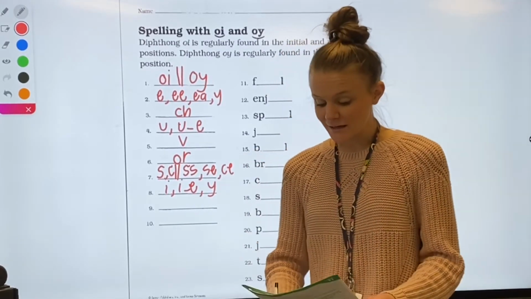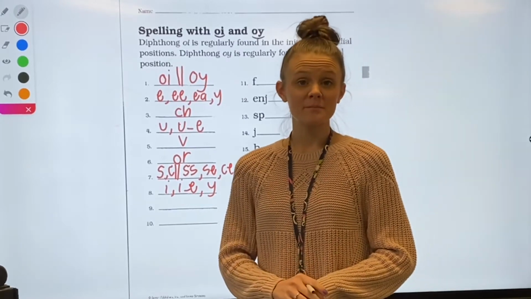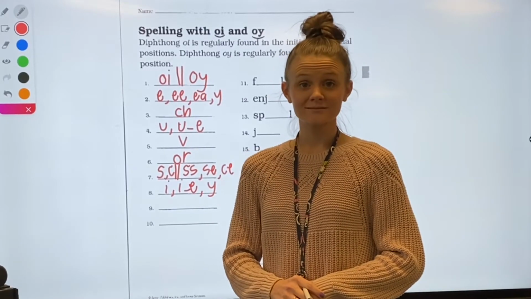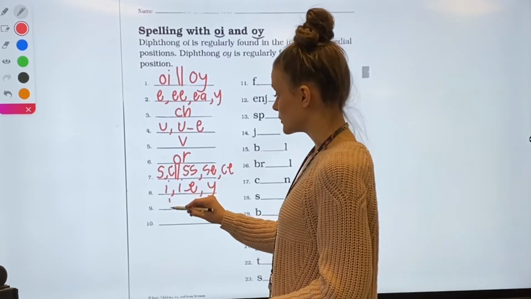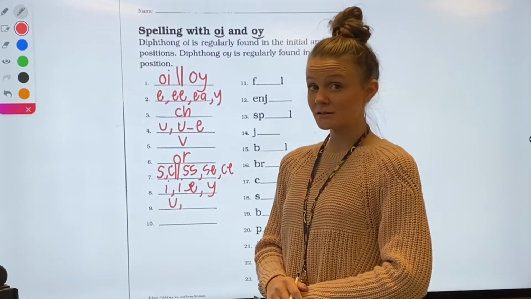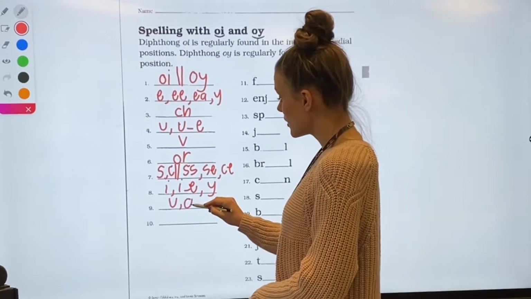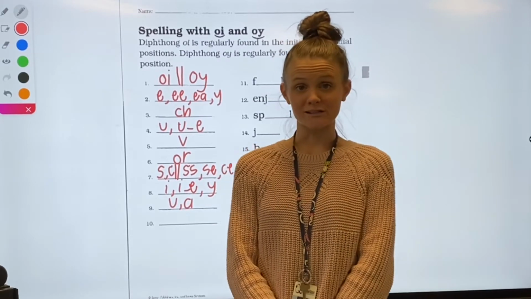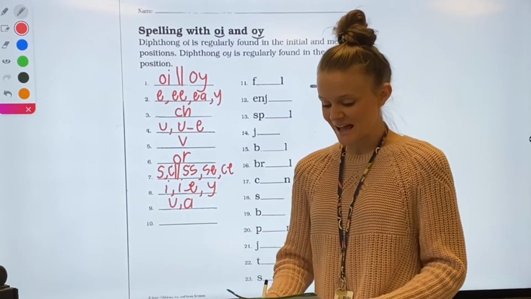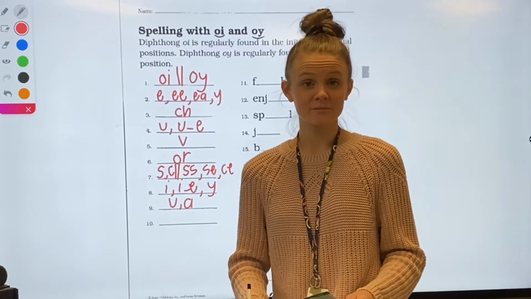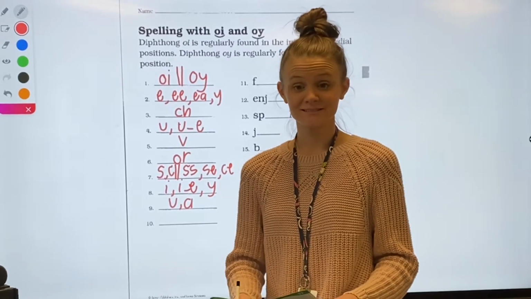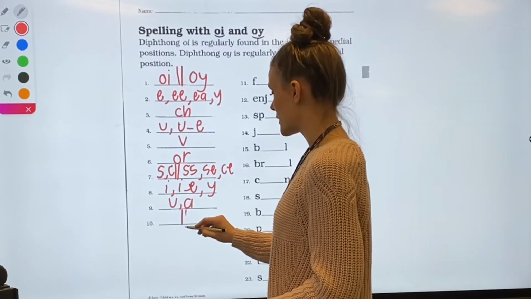For number 9, my letter sound is u. So I know that letter U can make the short sound, and letter A can also make that sound in some words. And for number 10, my letter sound is K. K. So I'm dividing my line into 2 parts.